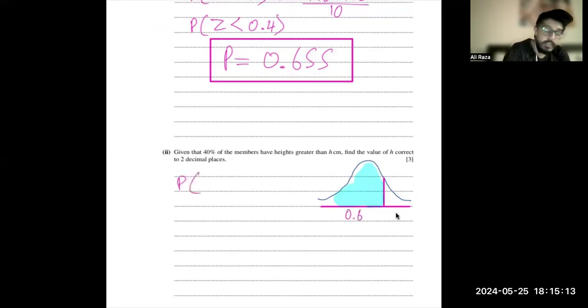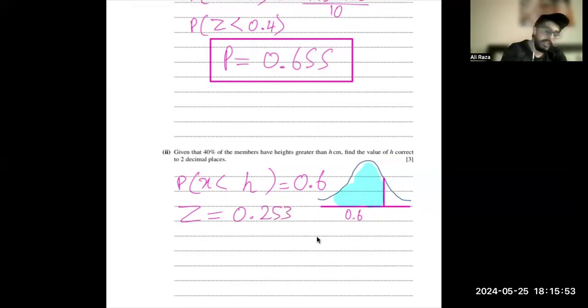So the probability for x less than h is 0.6. The z value should be 0.253.